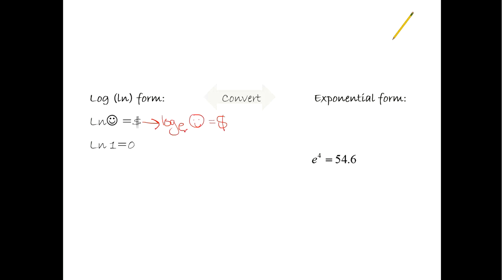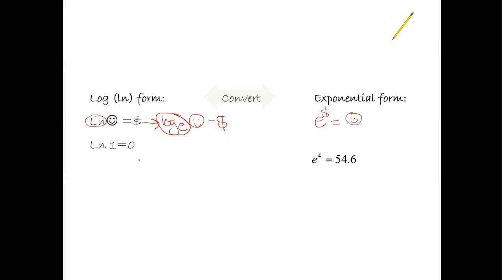So it was base, e, to the x answer, exponent, equals the value. So it'd be e to the $ sign equals smiley face, ultimately. Notice, guys, these are equivalent forms. Log base e is just ln. So ln and log base e are the same thing. All I'm doing is making sure I can see that base on that log, so it makes it easier for me to convert to exponential form.